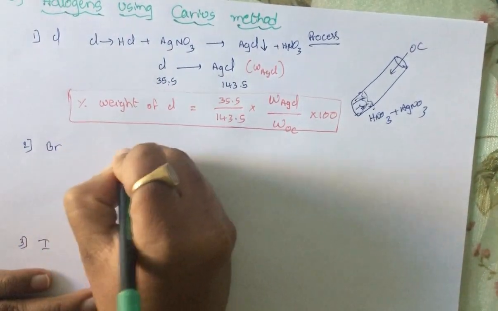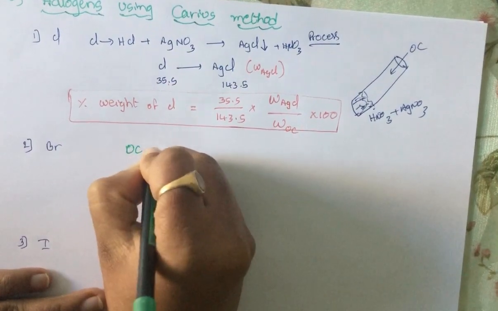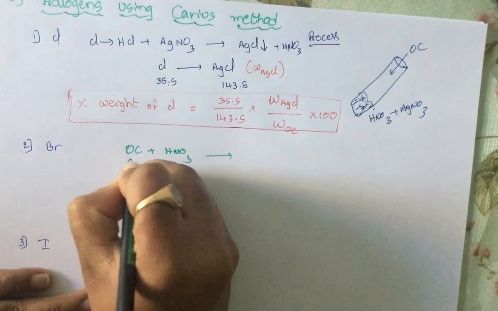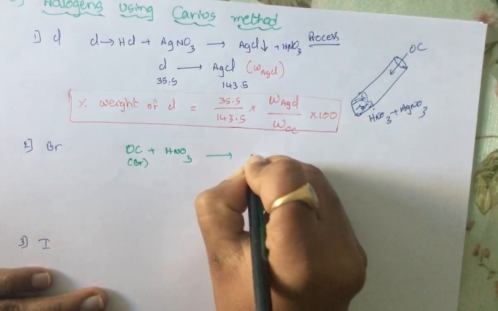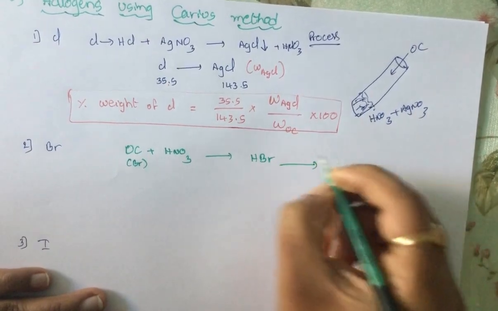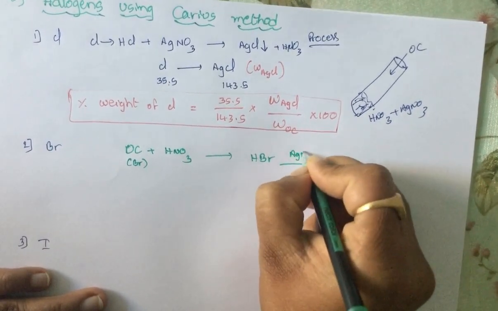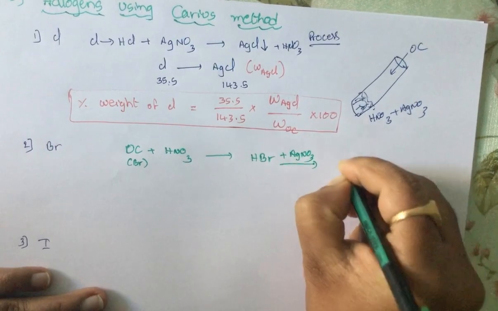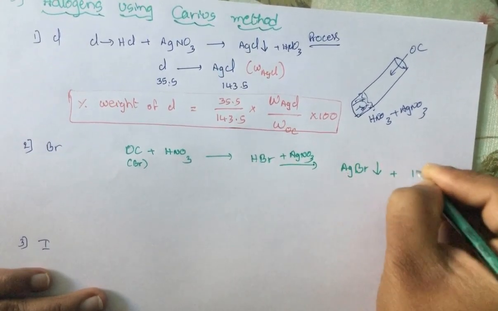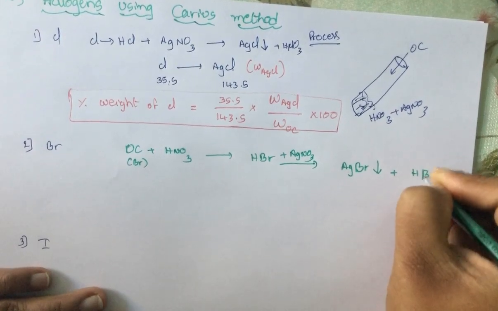Similarly, if I take bromine, when your organic compound is treated with HNO3, if bromine is present, it converts into HBr, hydrogen bromide. Further, this undergoes reaction with silver nitrate and converts into silver bromide, which is a precipitate, leaving HNO3.